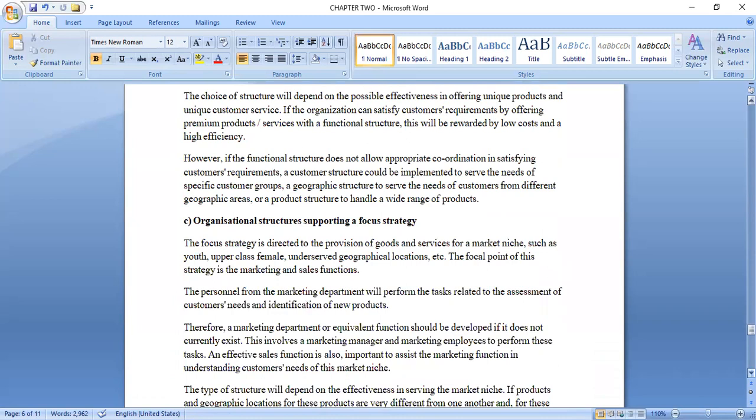So of course, we realize that it could be a product differentiation strategy that the business is adopting, but the question would be, is it satisfying the customer's needs?